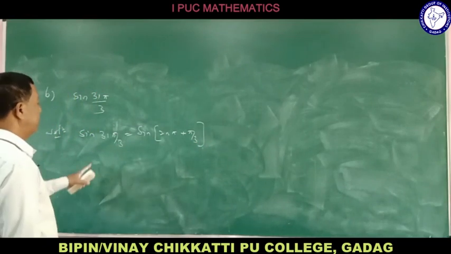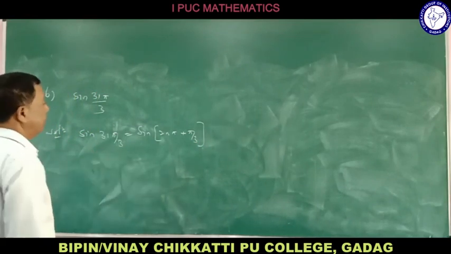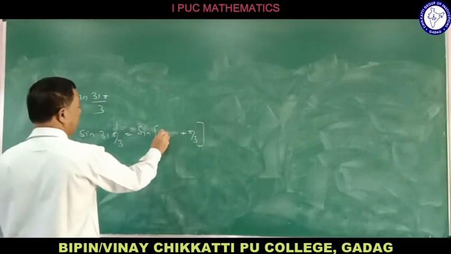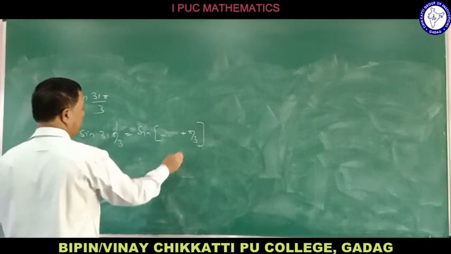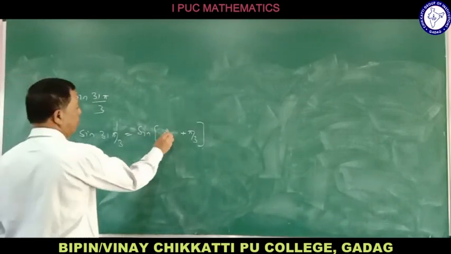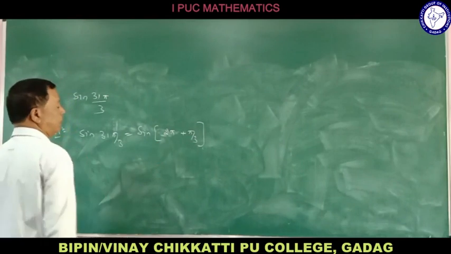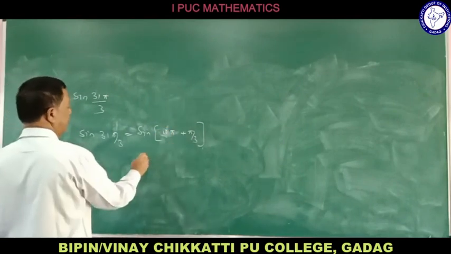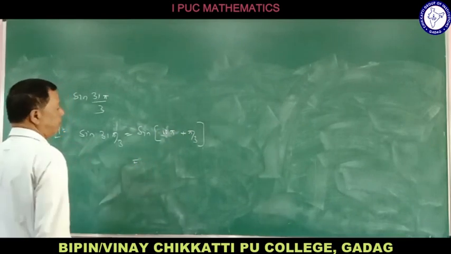Now when you write 2 pi, what comes? 6, and even if 10, 30, 31, yes. So you can go for 30.